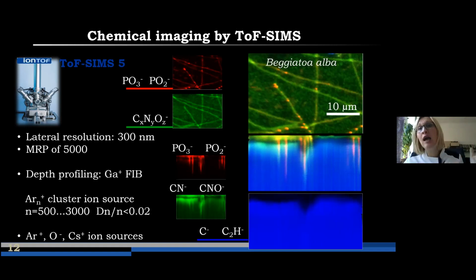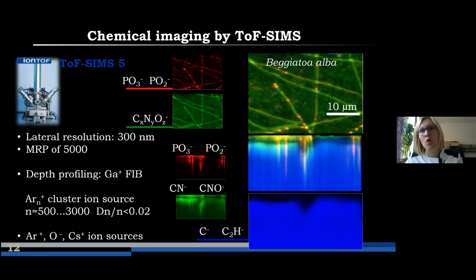Here you get all kinds of molecular fragments, like a combination of phosphorus with oxygen, carbon with nitrogen and oxygen, even carbon alone. So you can get all kinds of combinations, and you can also get a pretty good lateral resolution, not as good as with nanosims.